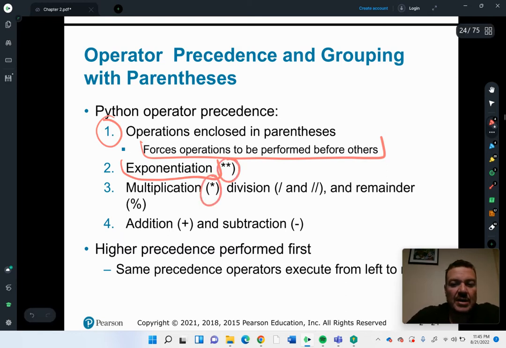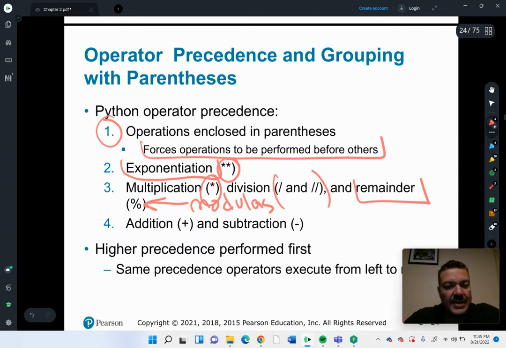Multiplication, which is 1 star. Division, both single and double slash. And remainder. This, by the way, oftentimes is known as modulus. But it's remainder math. And then finally, additions and subtraction.